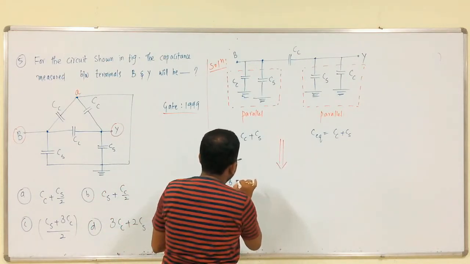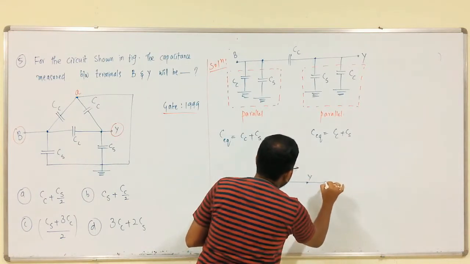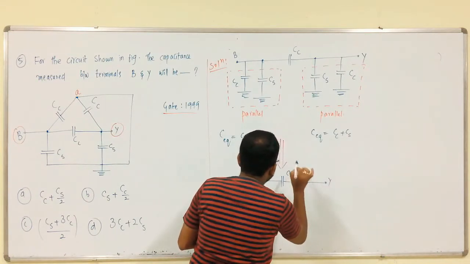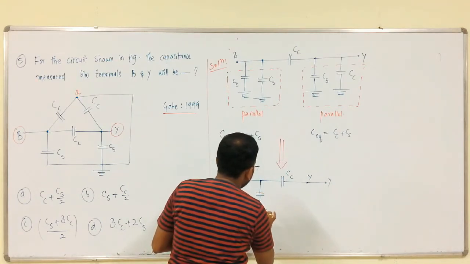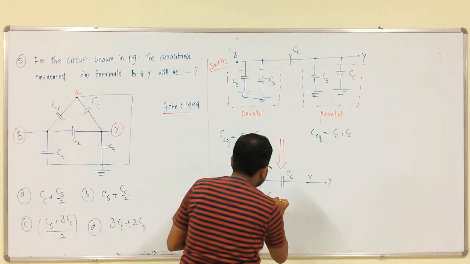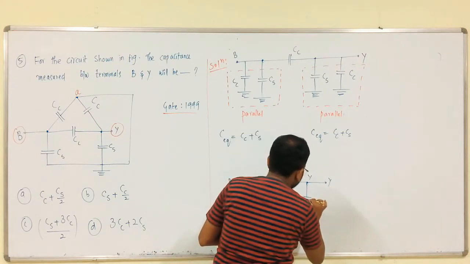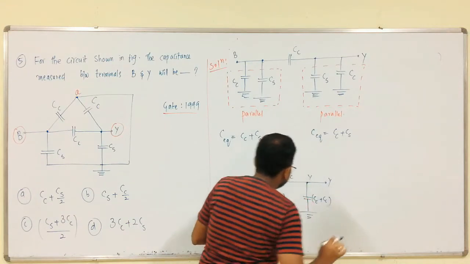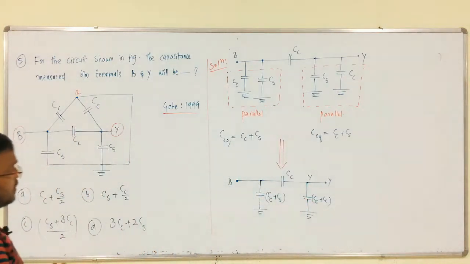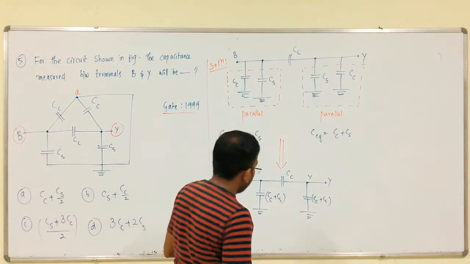this is B, between these two we have, this is Y, right? We have CC and this is what? Connected to ground. This is CC plus CS. This is CC plus CS, that is it, CC plus CS. Means what?